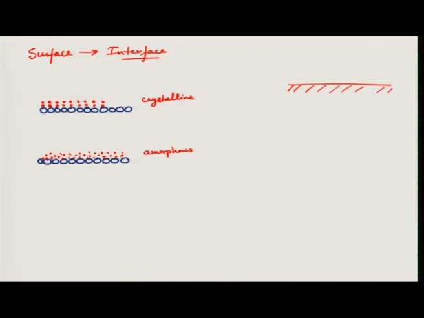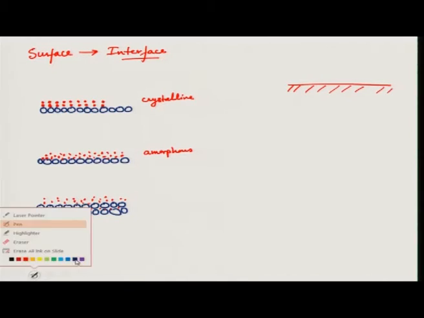Okay. And we can also have interdiffusion between the two materials, substrate and the thin film, such that there is no sharp boundary between substrate and thin film. In this case, if this was my substrate, the thin film will grow like this. Okay. And so, there will be some mixing of the different species.